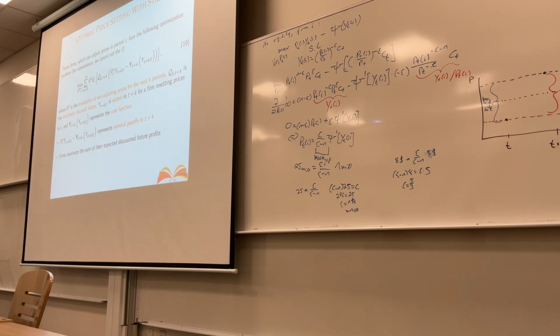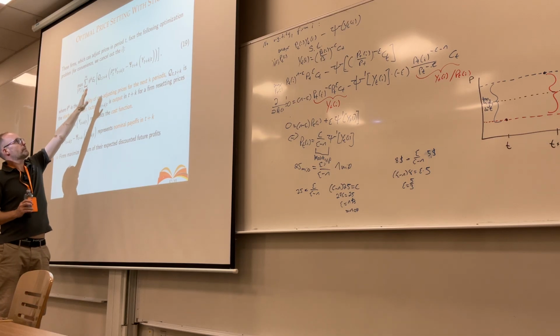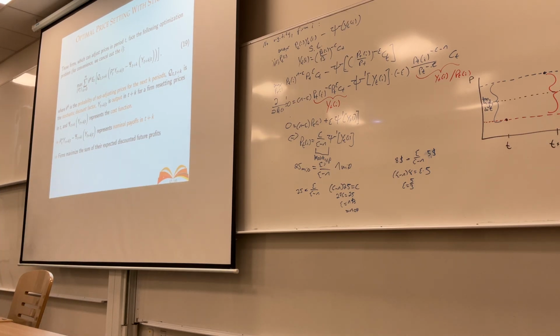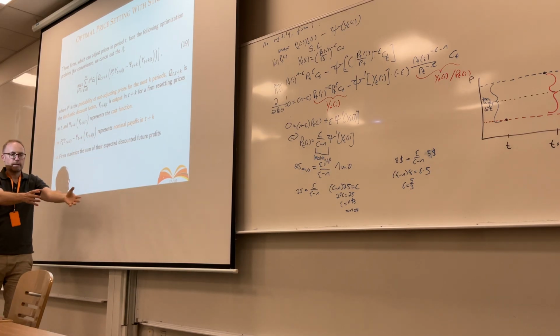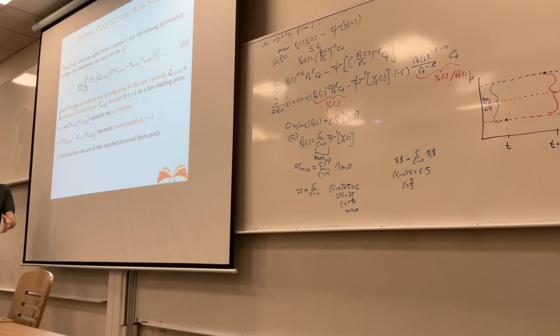The second term is the stochastic discount factor. We thought about this when we were pricing assets. This is the stochastic discount factor between period t and period t plus k. It's the measure of our household's discount factor and marginal utility from a nominal asset. Essentially, our household has the option to own the firm, which means that if the firm makes a profit, the household gets a share of this profit. So it's ownership of the stream of profits.